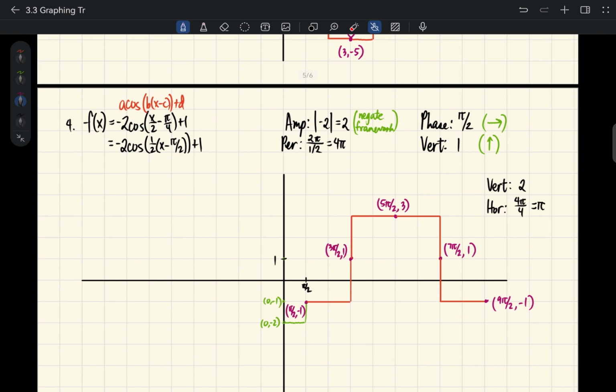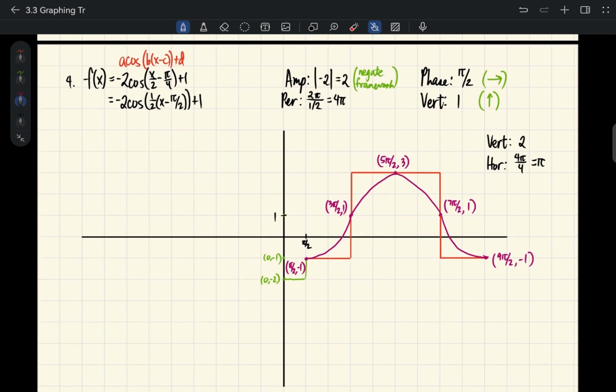And to draw our cosine function, we just connect the points. So we have this one right here, this one, and this one. And that's it for this example.